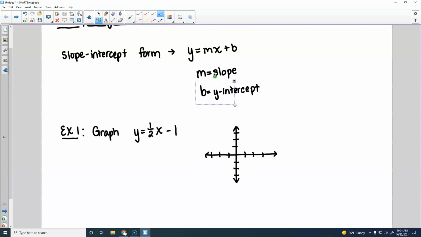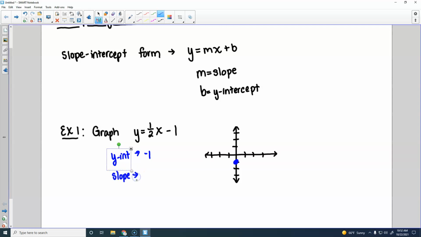Okay. So if I want to graph this, we want to start always from the y-intercept. So Peyton, when I look at this, what is my y-intercept? Nope. -1. So y-intercept is -1. So I'm going to go to -1 on that y-axis and put myself a dot. Then I need the slope.